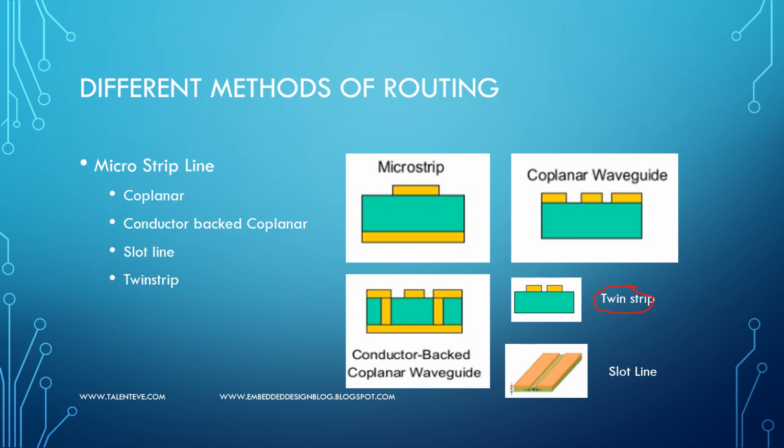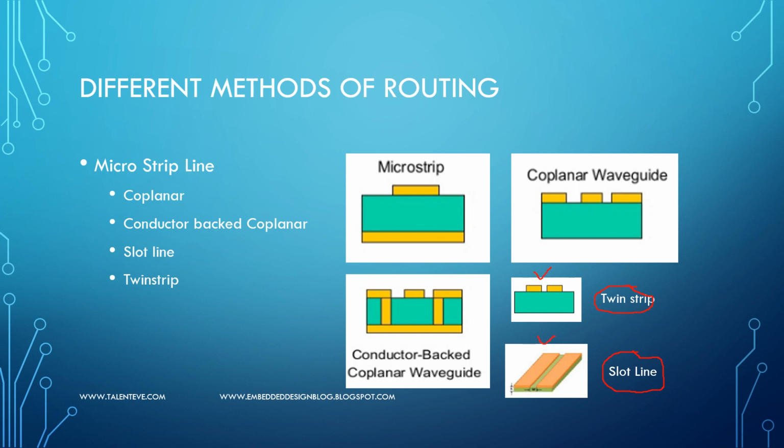There is another topology called the slot line. The slot line is used for designing antennas, where you will have two lines and then a common ground plane underneath. So these are the cases where you use it for antennas, and the other cases are where you use it for differential signals.